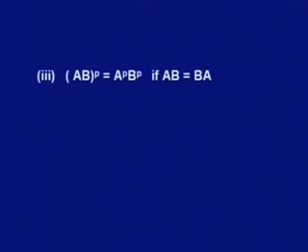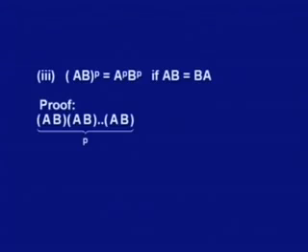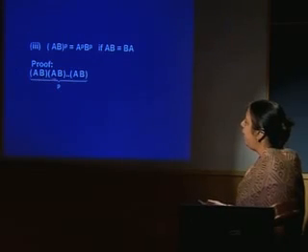Now AB raised to power p can also be computed as A raised to power p, B raised to power p, provided AB is equal to BA. That means the matrices A and B must be commutative. To prove this, I have to multiply AB p times.